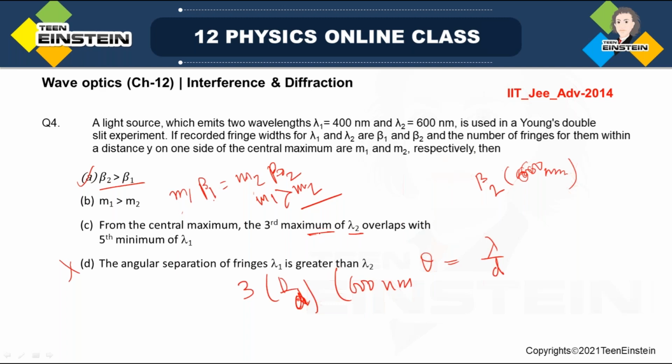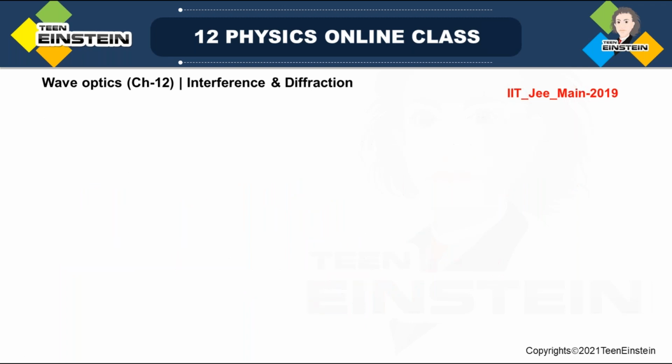This is equal to (2·5 minus 1) capital D by 2d with lambda 1.